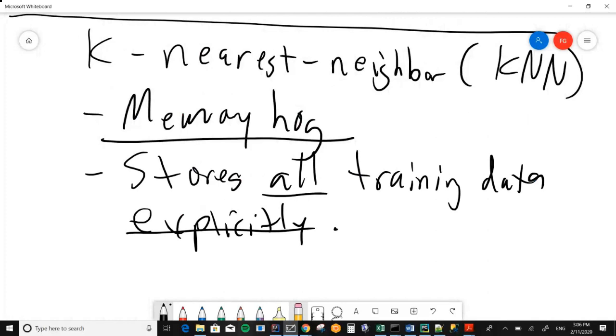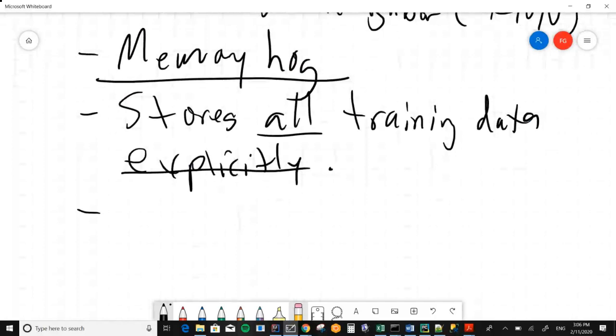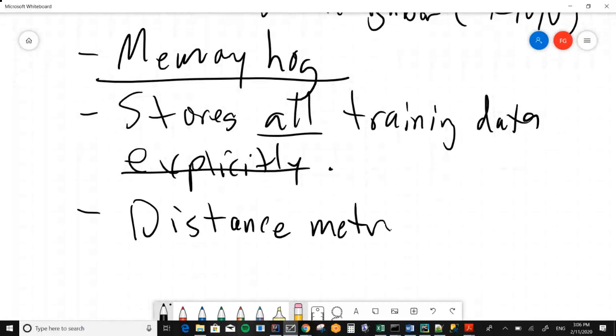So the key idea for K nearest neighbor is that we also have to define what we'll call a distance metric over the data.